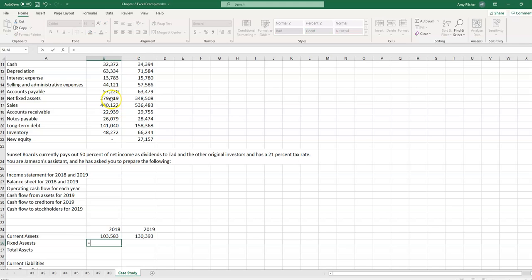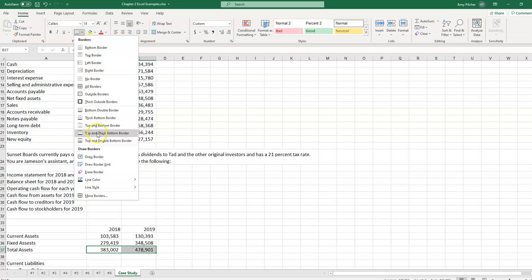Again, we're doing a summary balance sheet, so we just need the total fixed assets net of depreciation. We add these together, then we get our total assets for each year.